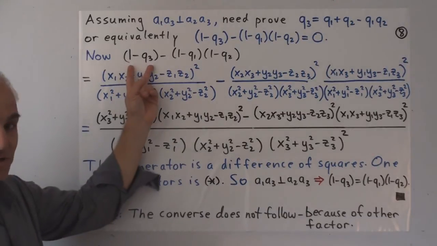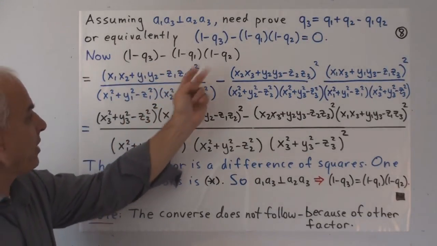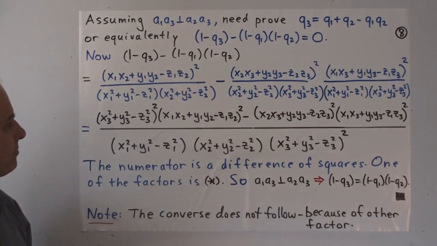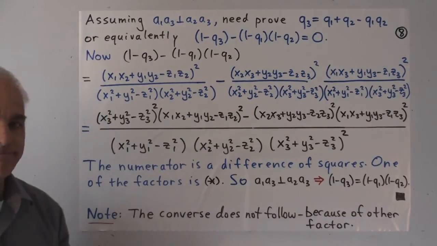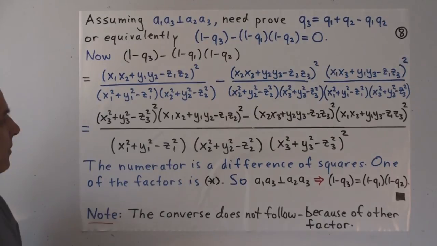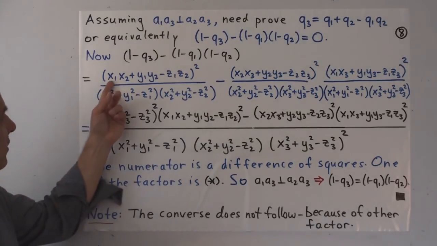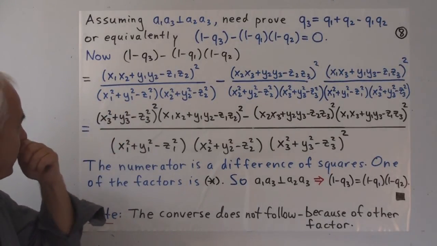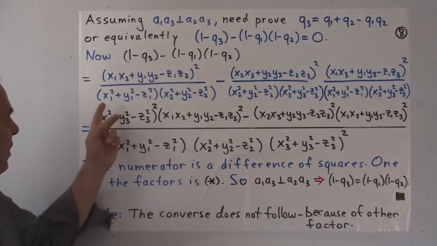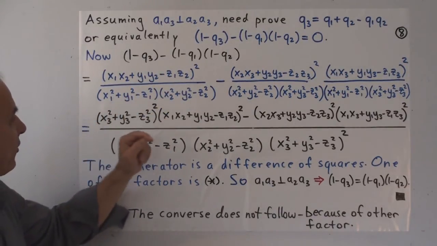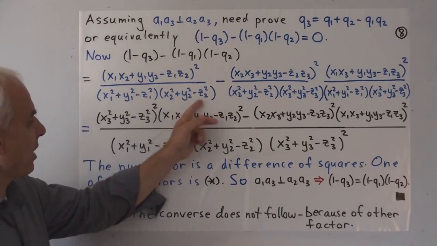So let's look at 1 minus Q3, and at 1 minus Q1, and 1 minus Q2. There is 1 minus Q3. It's in terms of the coordinates of A1 and A2: x1 x2 plus y1 y2 minus z1 z2 all squared, over x1 squared plus y1 squared minus z1 squared times x2 squared plus y2 squared minus z2 squared.